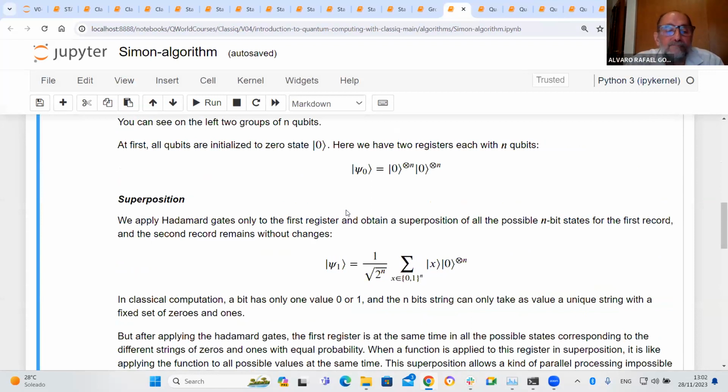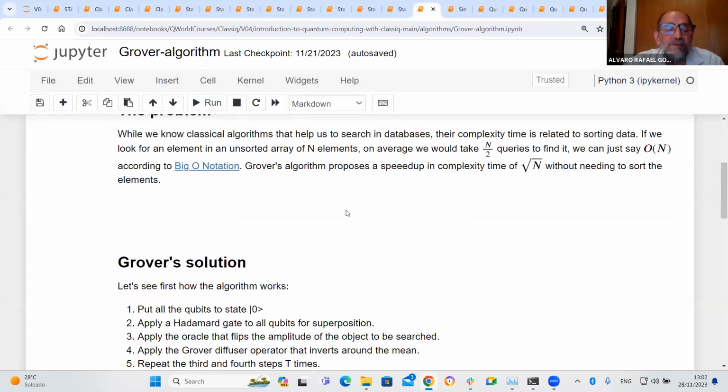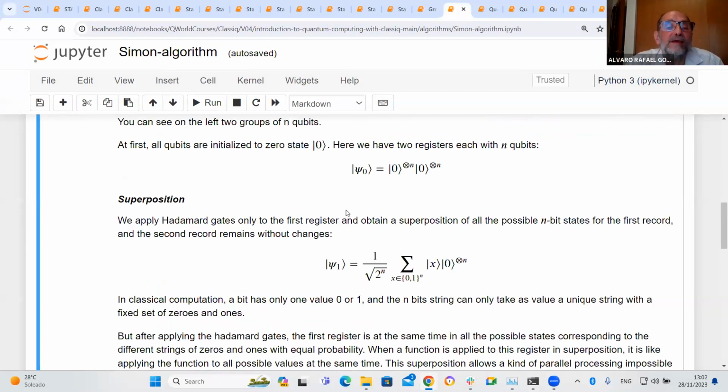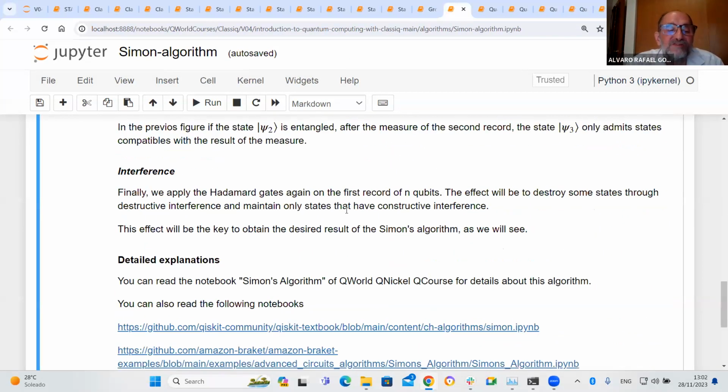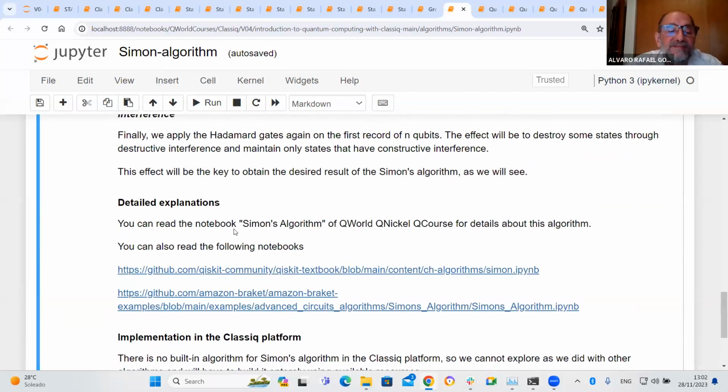The idea is to explain the principal concepts and to direct the student to detailed explanations in other courses in Classiq.